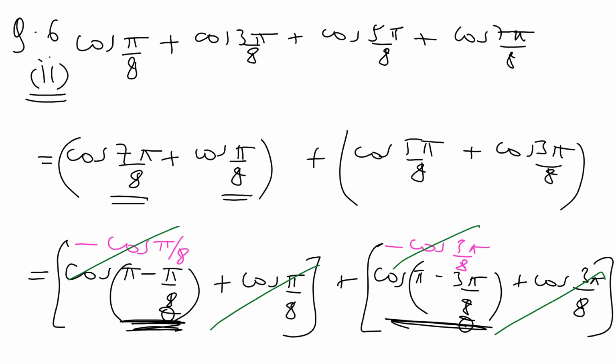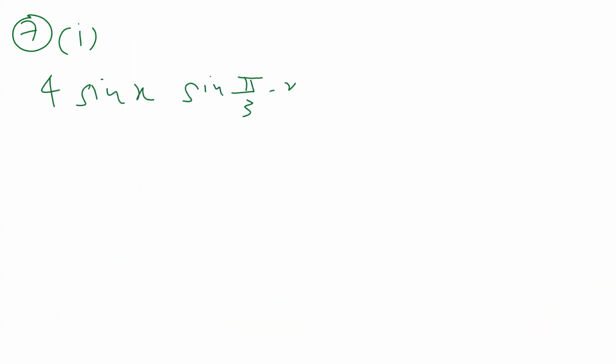Okay, let's go to question number 7, sub question 1. If I solve 7 sub question 1, sub question 2 you can take it for self study. 4 sin x sin pi by 3 minus x sin pi by 3 plus x.